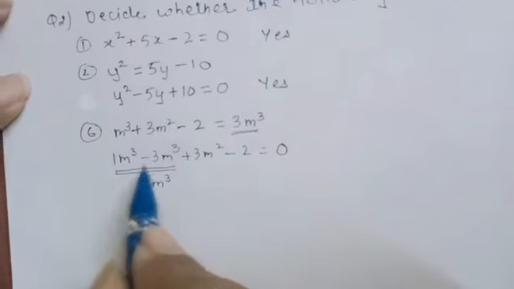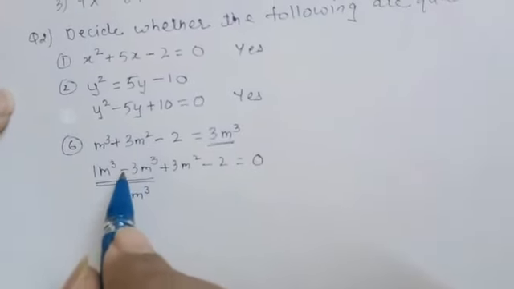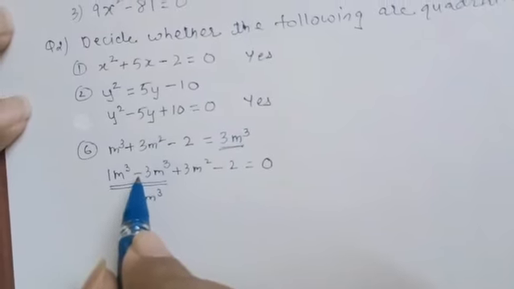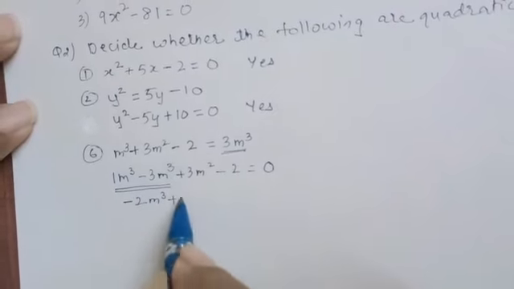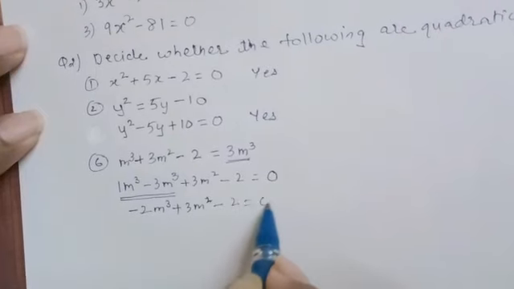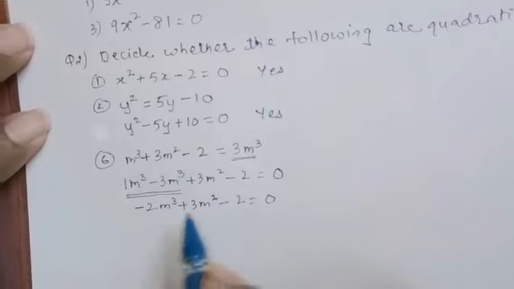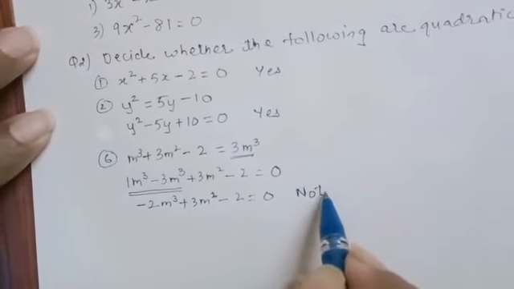Here it is 1 and here it is 3, and 3 is the bigger number and its sign is minus, so we put minus. So we get minus 2m cube plus 3m square minus 2 equals 0. This has highest power 3, that means it is not a quadratic equation.